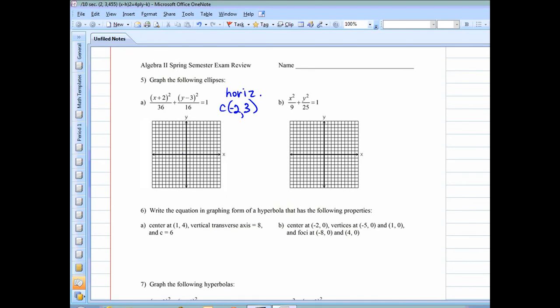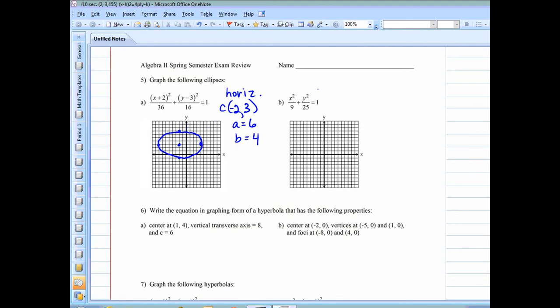So our center is at negative 2, 3. And the A, because the bigger denominator is a squared, then A is 6, and B will be 4. So that means I'm going to go horizontally the A amount both ways, and go vertically the B amount, and then I can graph my ellipse.